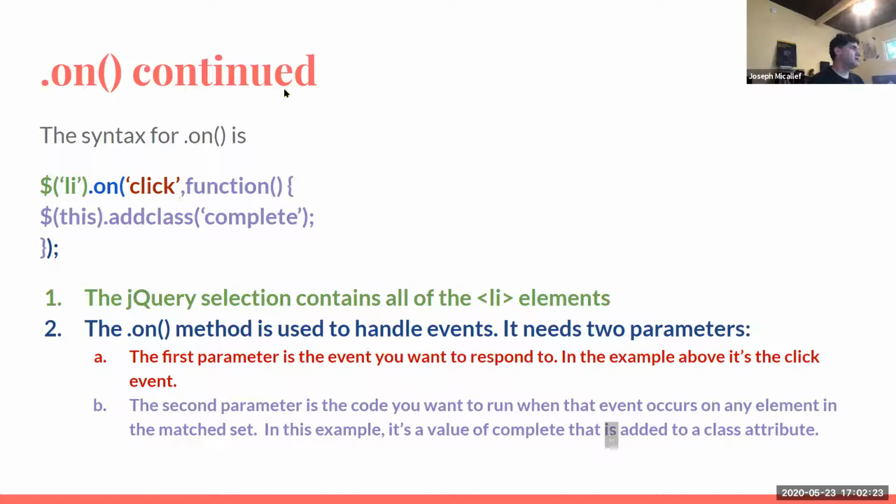So let's say you have a list of items, and then you click on an item in that list, and then maybe the list is bold, or maybe the list changes color, or maybe the list has a different background. So that's what this on will do. It'll allow you to change that item by adding something else to it.